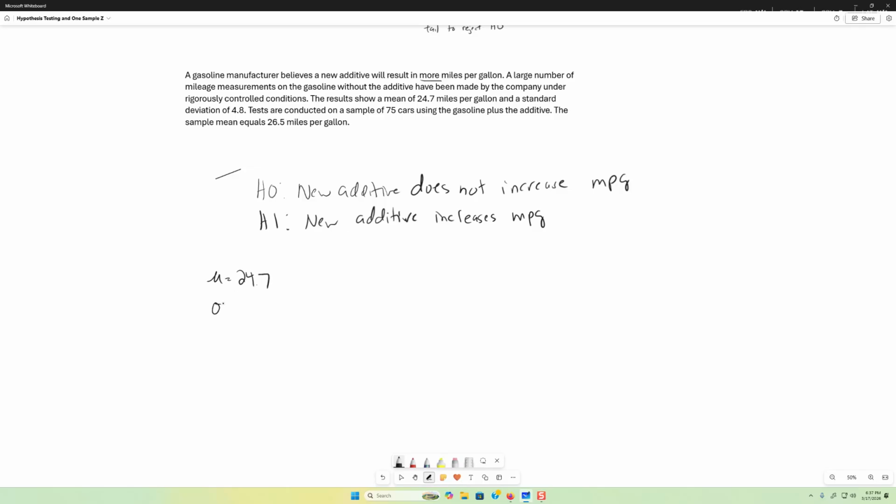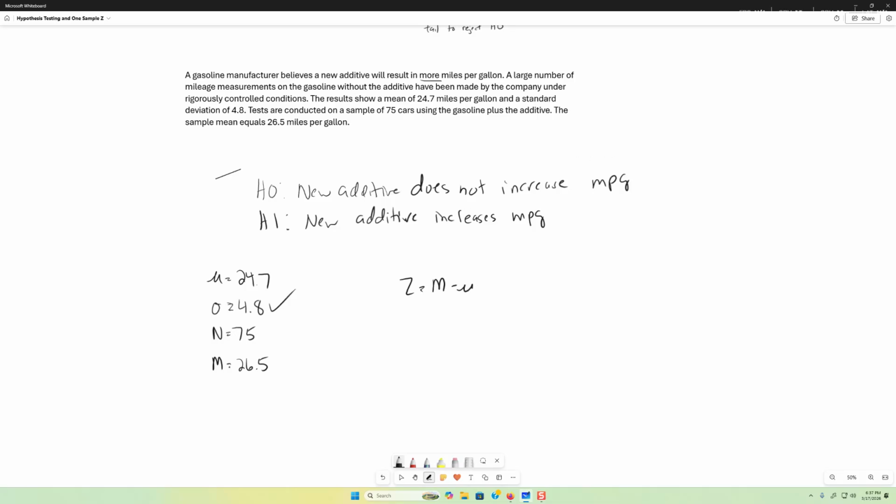The standard deviation of the population we know is 4.8. Once again, we know this because we're taking historical data here. And then our sample is 75. The sample mean is 26.5. And we don't know the sample standard deviation. It doesn't matter because we know the population standard deviation.